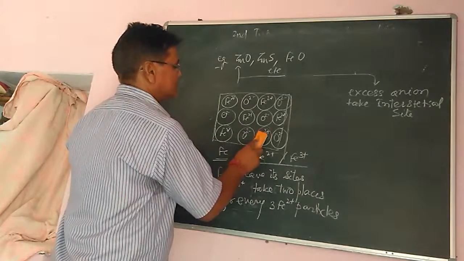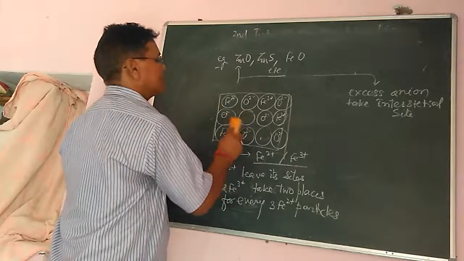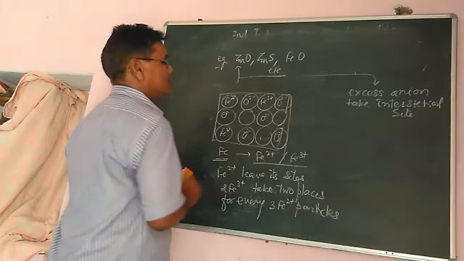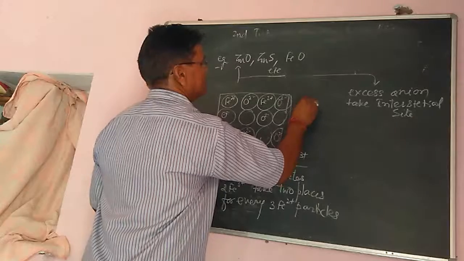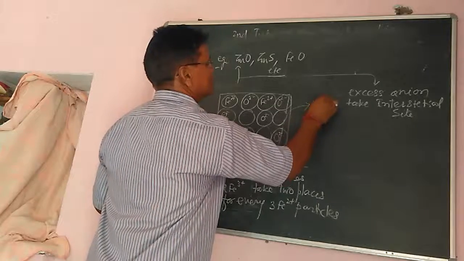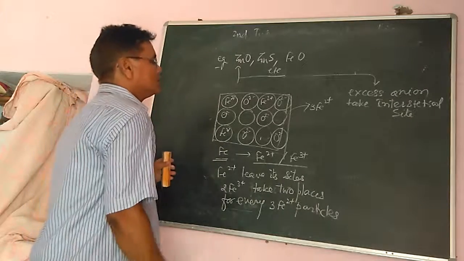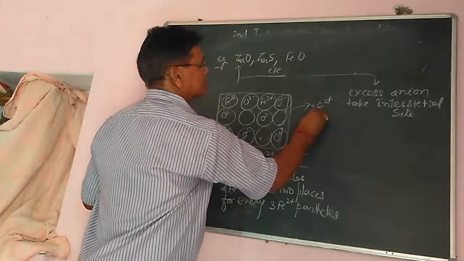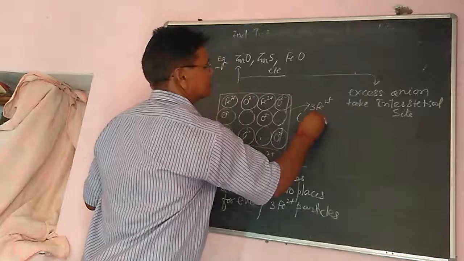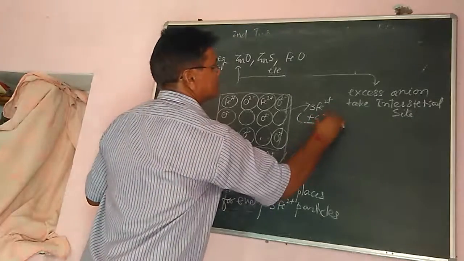See here, this Fe2+, Fe2+ and Fe2+. There are 3 Fe2+ that are removed from the lattice sites. Here a charge of plus 6 is reduced.